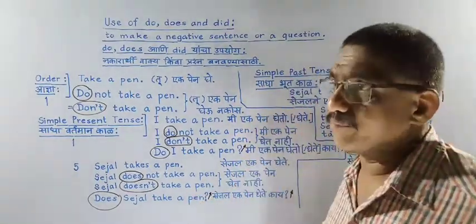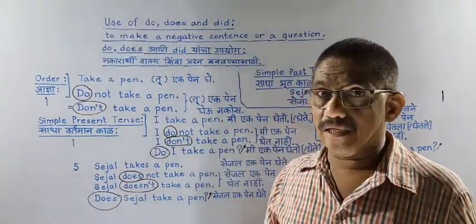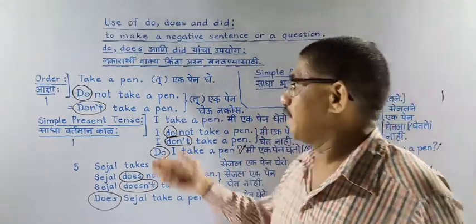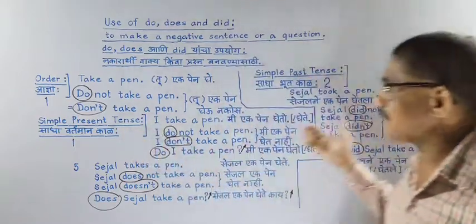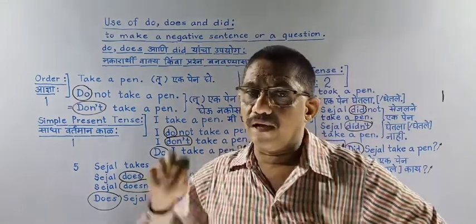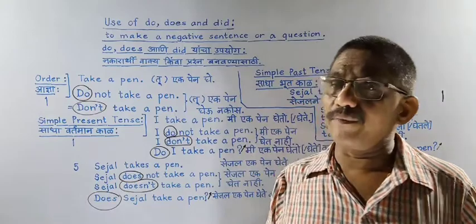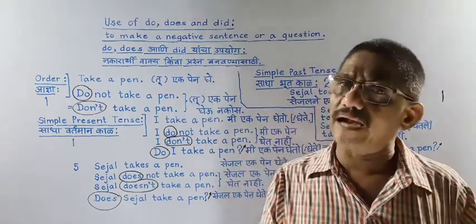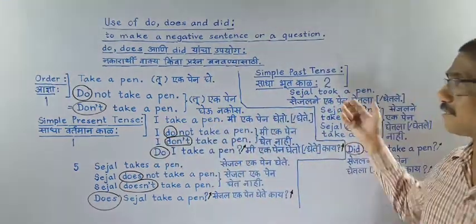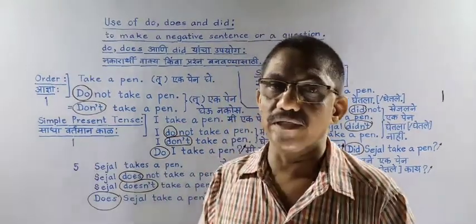That is important because when any command, order or imperative sentence which is affirmative and in simple present tense as well as simple past tense is there, in an affirmative sentence there is no helping verb. In all the remaining tenses we find at least one helping verb, but in these two tenses we can't find any helping verb in an affirmative sentence.